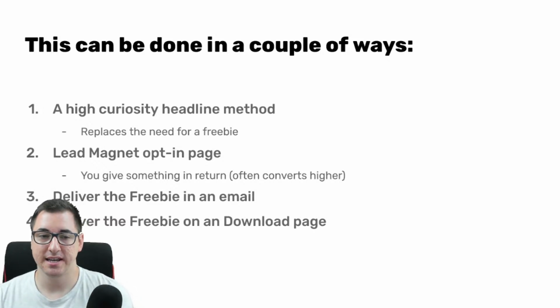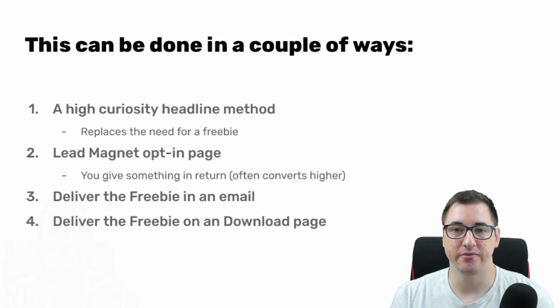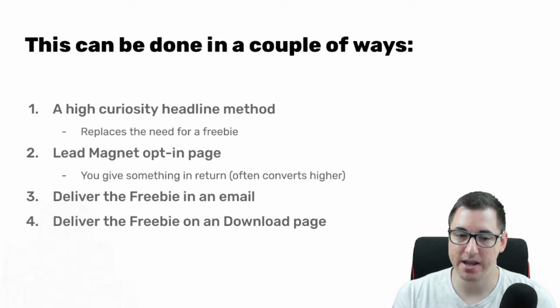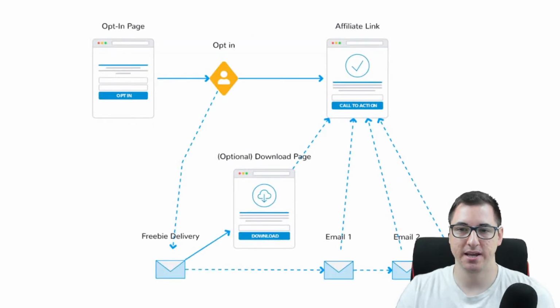You could offer this lead magnet, or as we call it, a freebie. You give something in return, and this often leads to a higher conversion. And you could also deliver a freebie in an email, and you could deliver a freebie on a download page. So this is the image that I explained earlier.